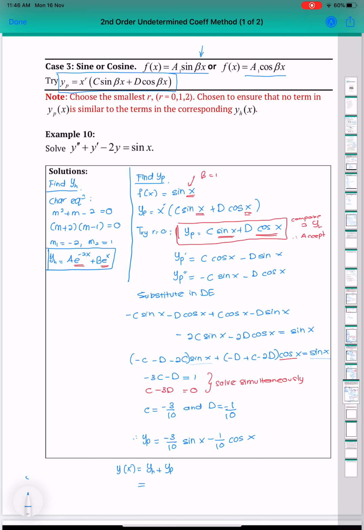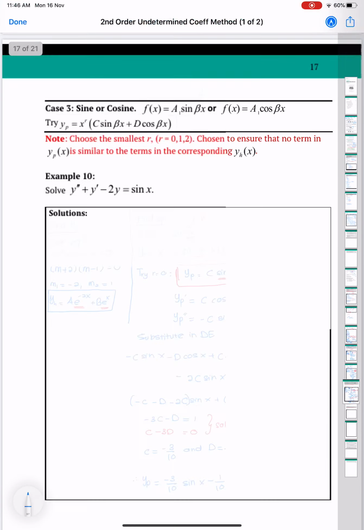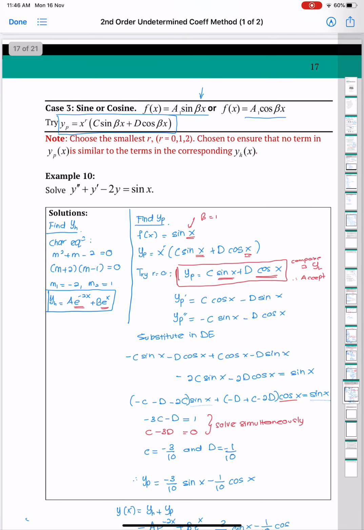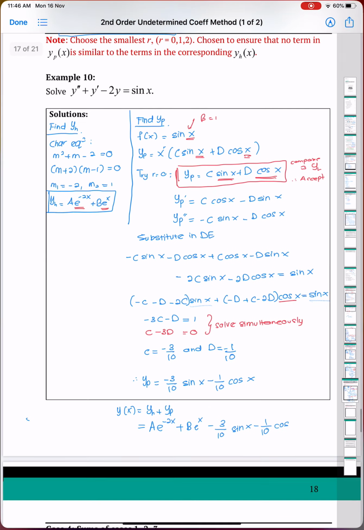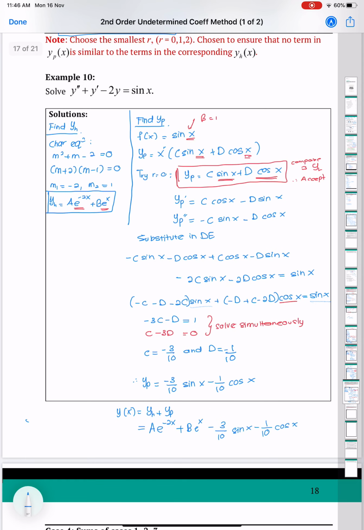So this is equal to a exponent negative 2x plus b exponent x minus 3 over 10 sine x minus 1 over 10 cos x. Okay, so that is my final solution.